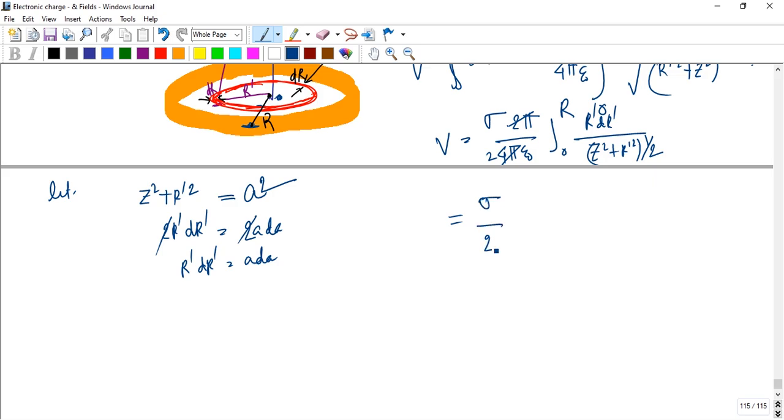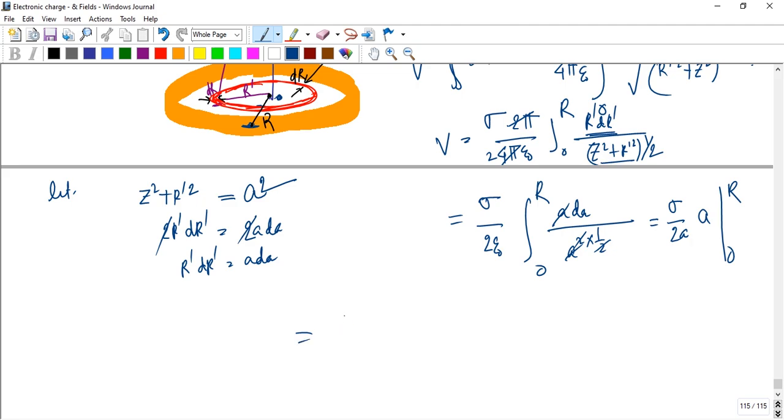Now put that here: sigma by twice epsilon naught, integral from 0 to R of dr dash replaced by a dA over a. The a cancels, so sigma by 2 epsilon naught times the integral of dA, which is a, from 0 to R. Now a equals the root of z square plus r dash square.